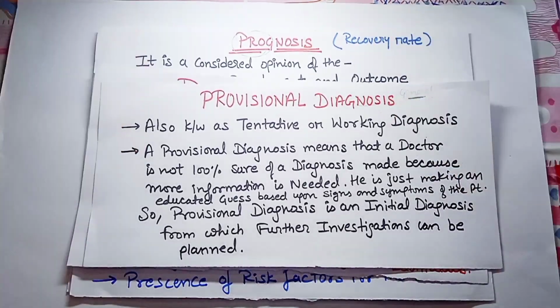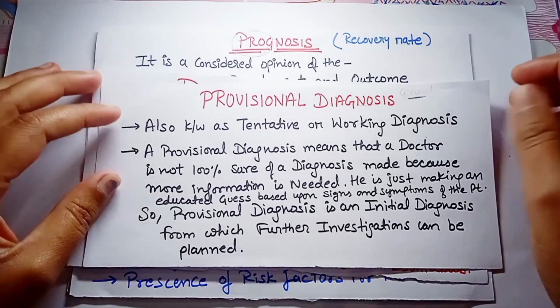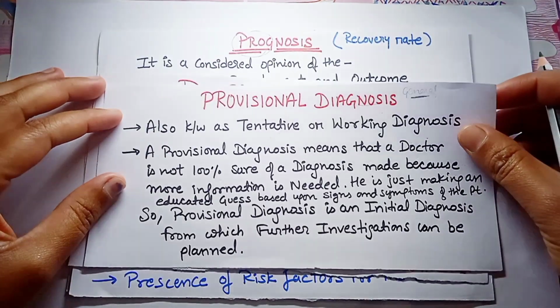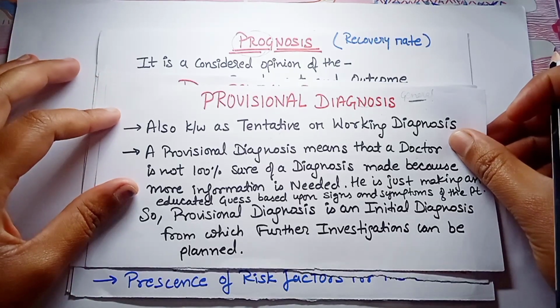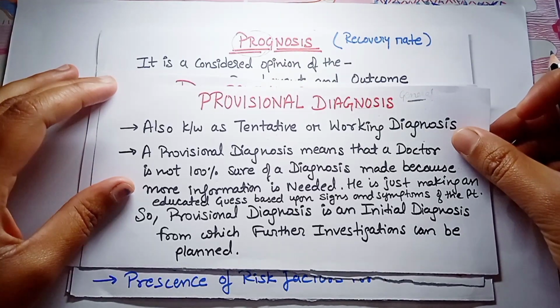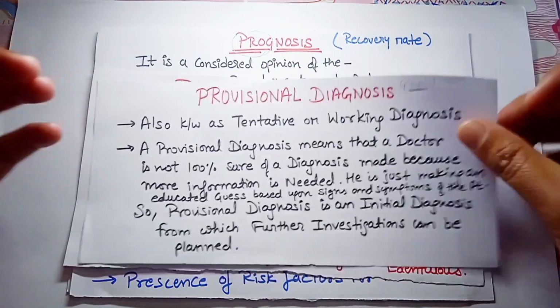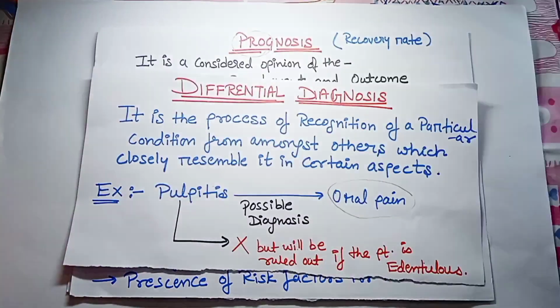He is just simply making an educated guess based upon signs and symptoms of the patient. So we can say that provisional diagnosis is initial diagnosis, it is a general diagnosis, and it is just made by educated guess of the doctor based upon signs and symptoms of the patient.